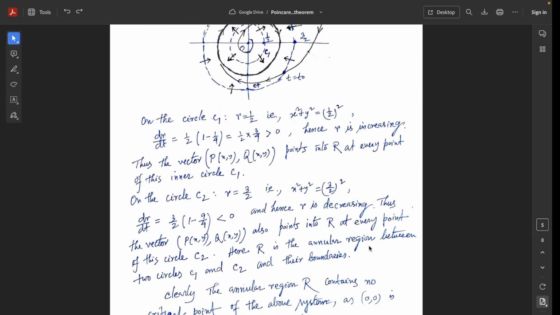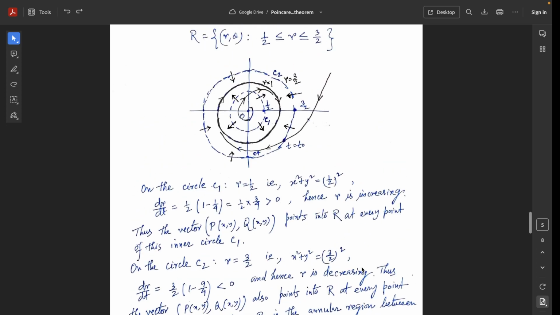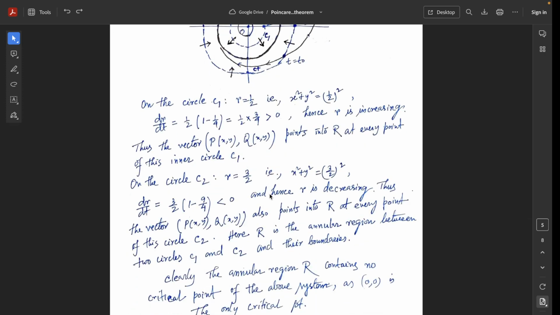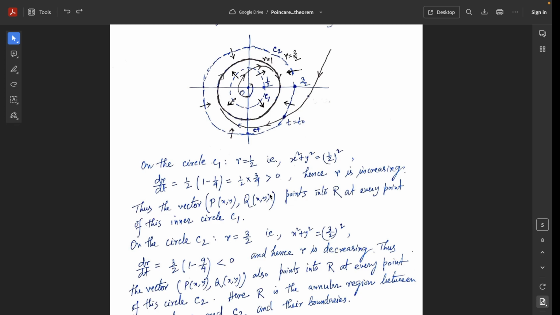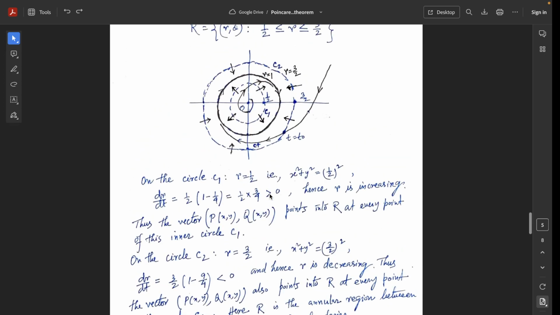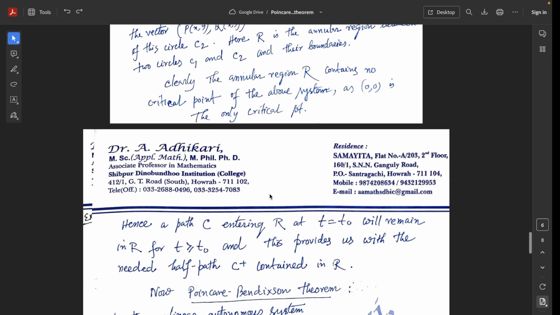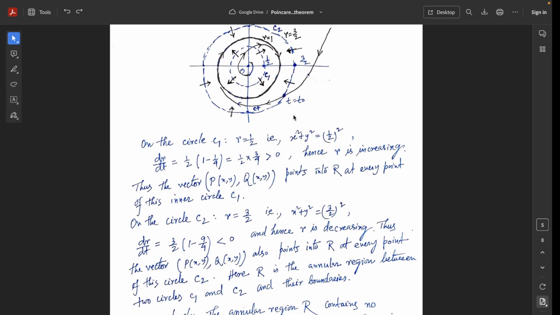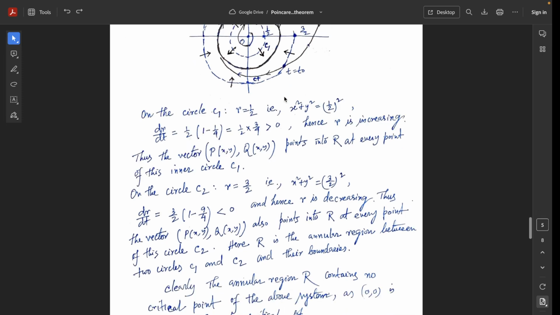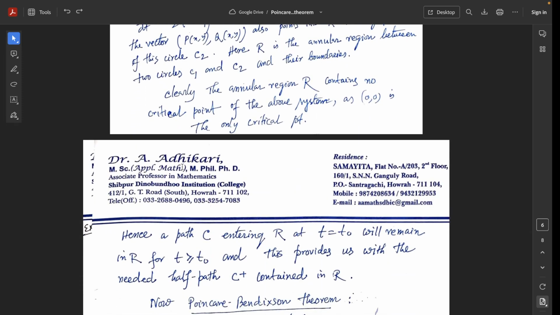Hence, R is the annular region between these two circles C1, C2 and their boundaries. Clearly, this annular region R does not contain the critical point (0, 0). So, by the Poincare-Bendixson theorem, the path C that entered this annular region R at t equal to t0 will remain in R for t greater than or equal to t0.